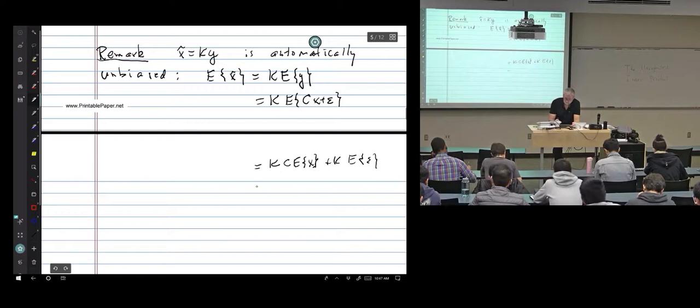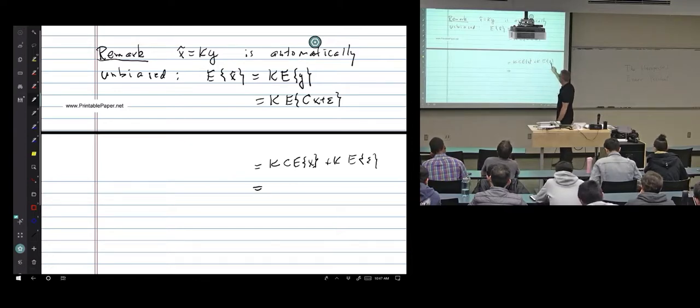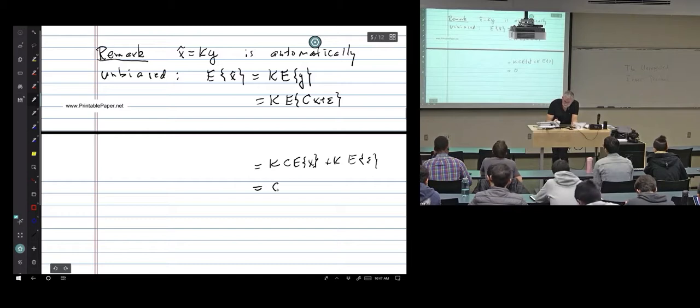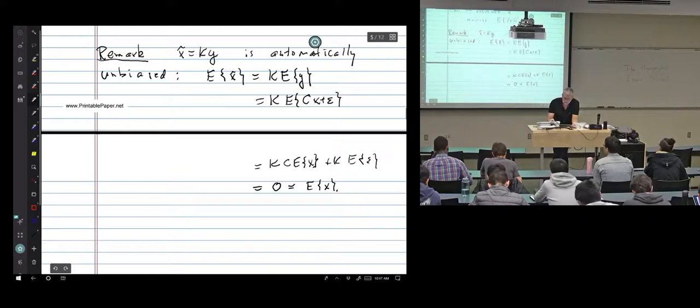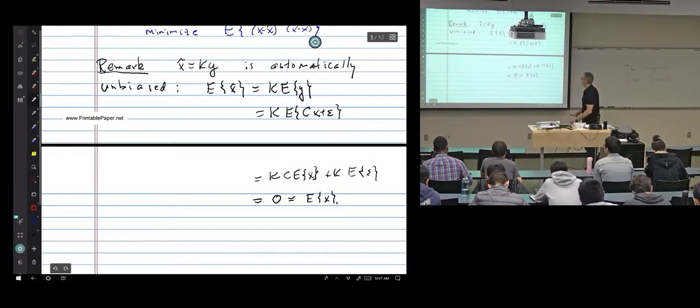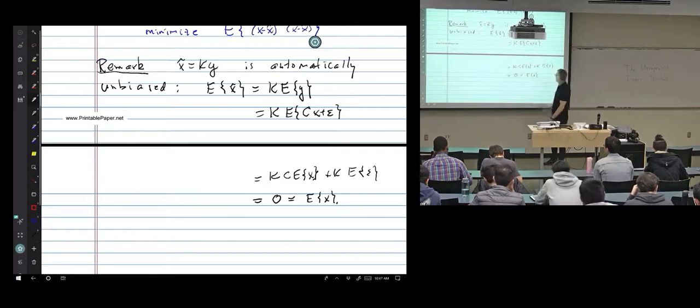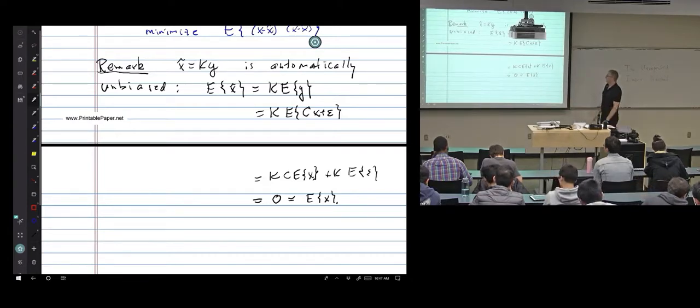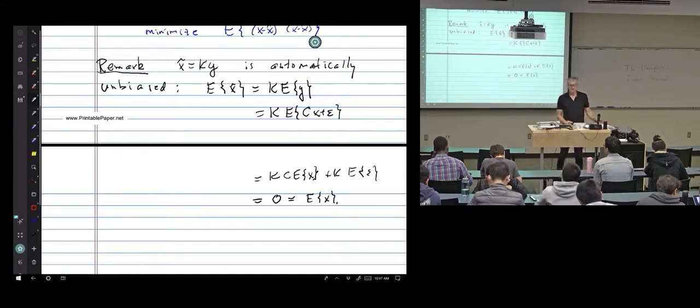I'm too excited to get to the real result, but x has 0 mean, epsilon has 0 mean, so this is 0, and so the mean of x hat is equal to the mean of x. Okay, this is 0. And that's the expected value of x. So we don't have to have any side conditions now, like KC equals identity. We don't need that. So there are no side conditions that we have to put on.